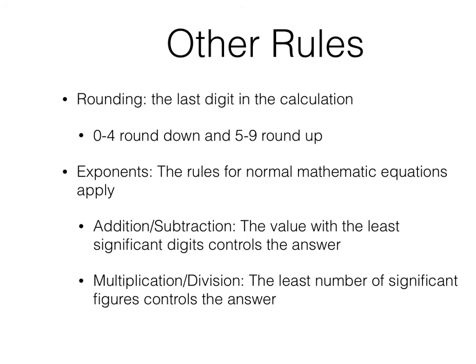So if you're using an exponent and you're adding and subtracting, the value at the least significant digits controls the answer. If you have exponents, we will almost never add them, but we will use them in multiplication and division. There are ways that you can do that calculation by hand. My recommendation is to put it into your calculator and allow the calculator to move the exponents for you.